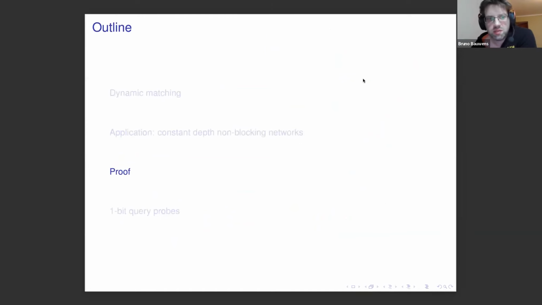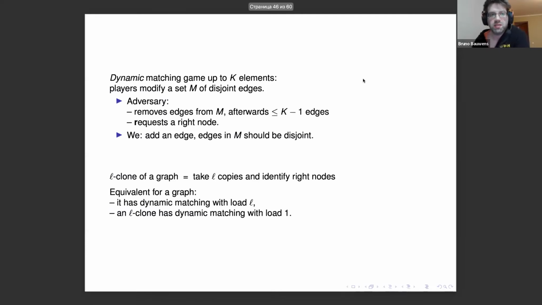Okay. So now it is the proof. And so let me do one little proof just for the greedy algorithm. So let us recall the dynamic matching game. I already explained that when we have some load, we will take L copies.